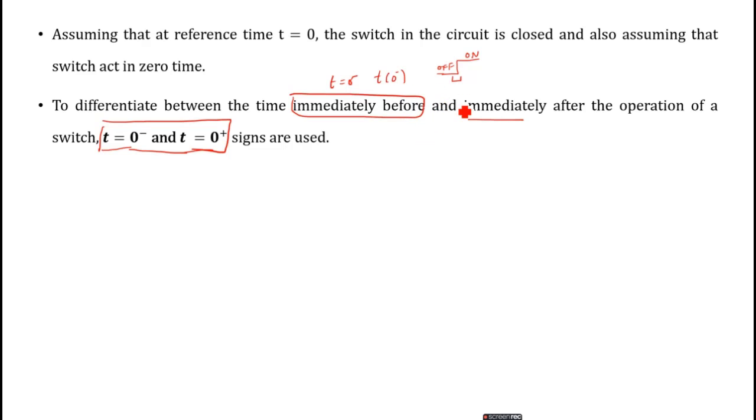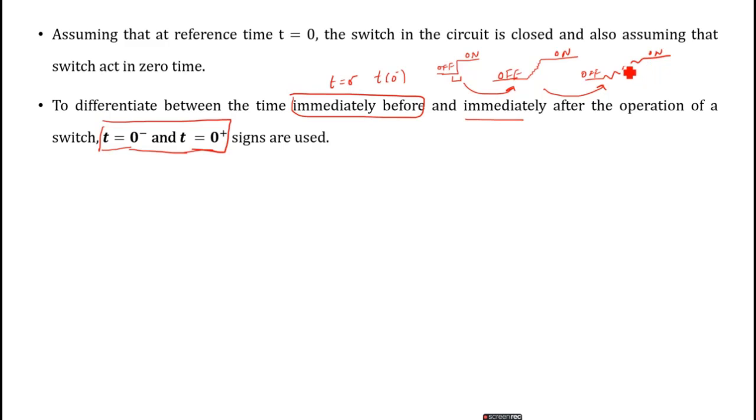Immediately before switching, if this waveform is viewed telescopically, we find some variation between two states, on and off. If it is zoomed properly, we get some disturbance here: on, off, on. So viewed microscopically, you find variations between these two states.